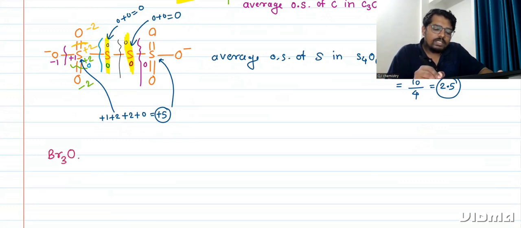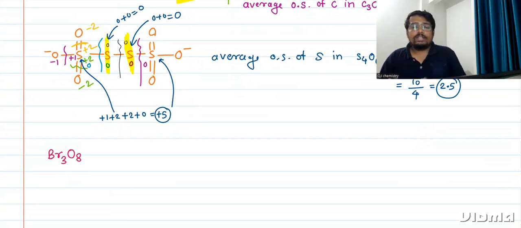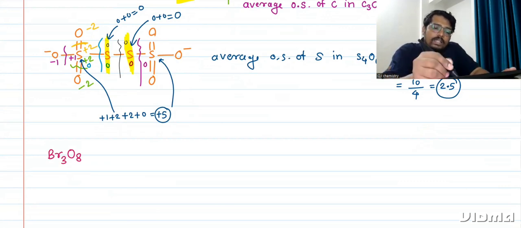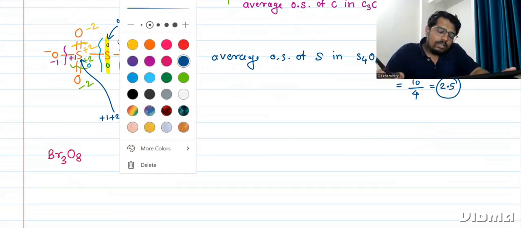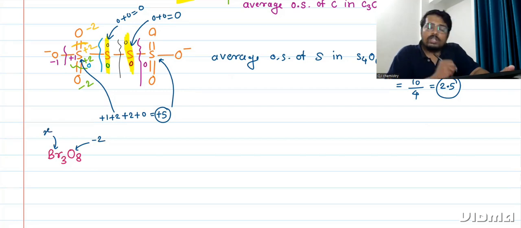Next example is Br3O8, tribromine octaoxide. In Br3O8, we know that the oxidation state of oxygen is -2. Let the oxidation state of bromine be x.